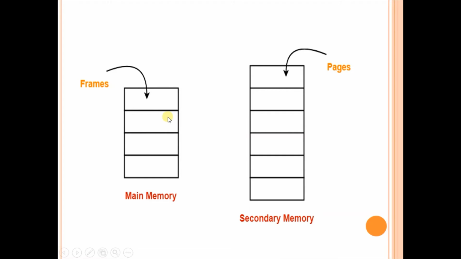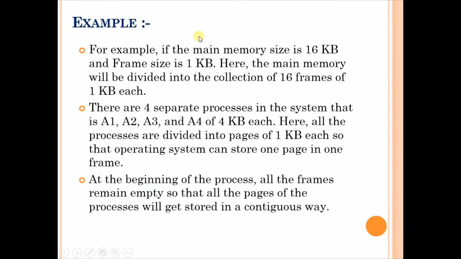Here you can see this is main memory which is divided into frames: frame 1, frame 2, frame 3, frame 4, like this, and secondary memory is divided into pages 1, 2, 3 and 4. We will see some examples of paging.